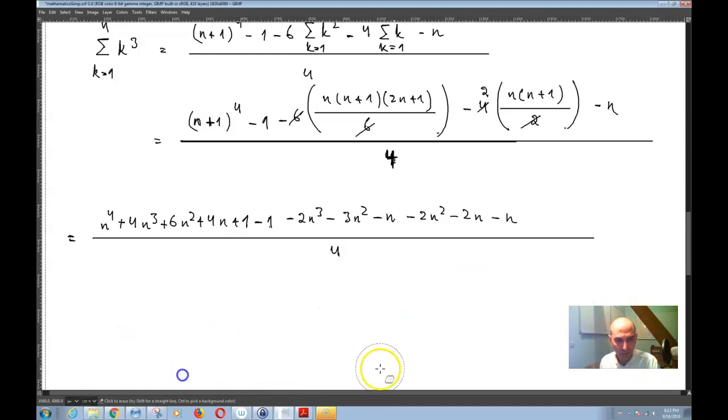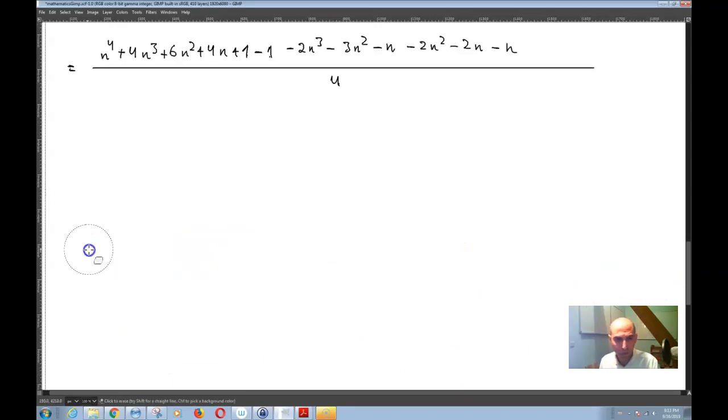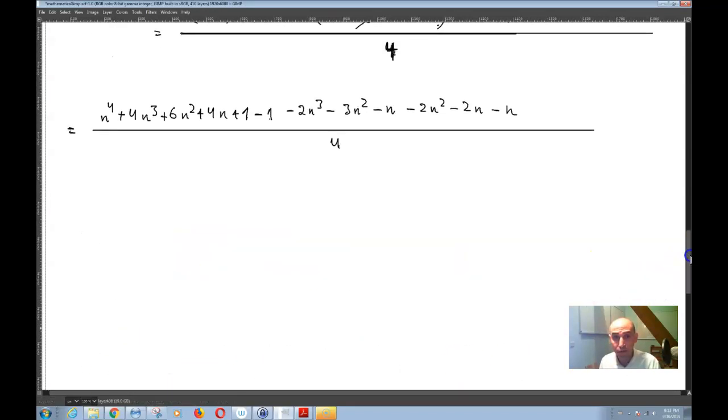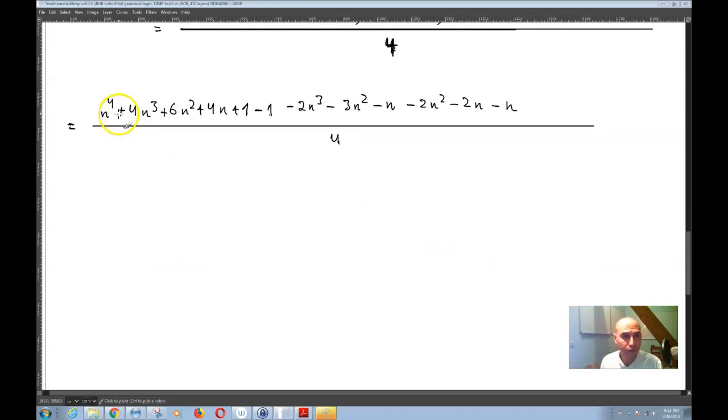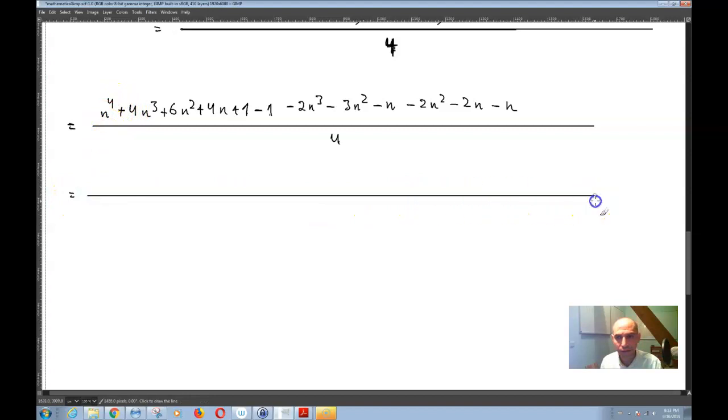And if I put all of these together, hopefully we will get the right answer, which is the same thing as over here, n raised to the power 4. Now over here I have 4n cubed, negative 2n cubed, that is 2n cubed, plus 2 times n cubed.